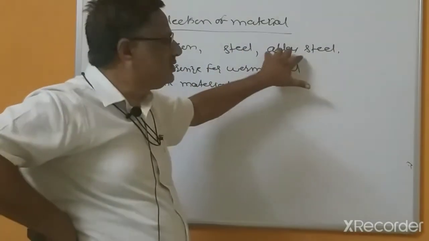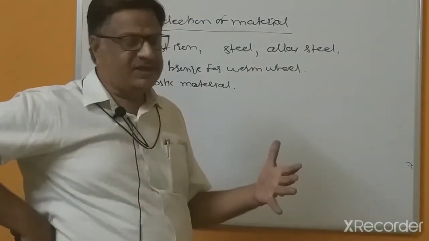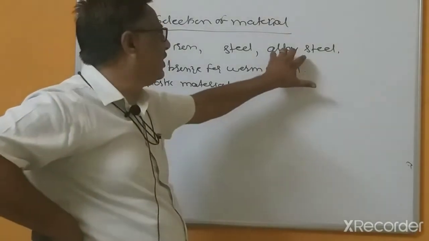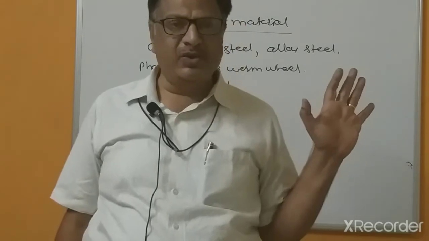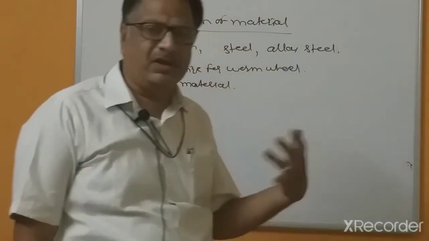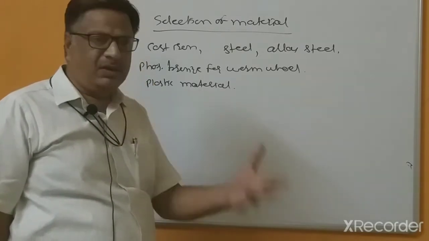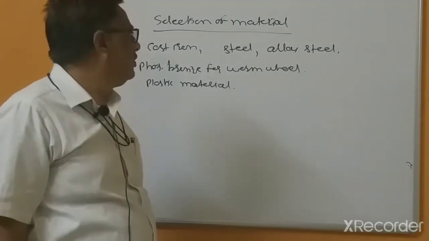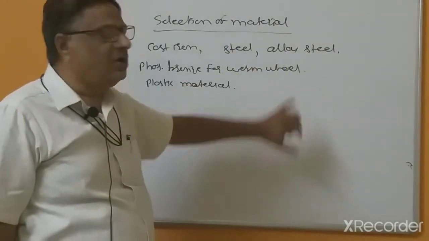This is generally for the manufacturing of the helical gears, and for the worm wheels also you can use it. Generally spur gears and bevel gears are manufactured using cast iron materials with hardened teeth, and helical gears and the worm shaft are made from steels, hardened steels or alloy steels.